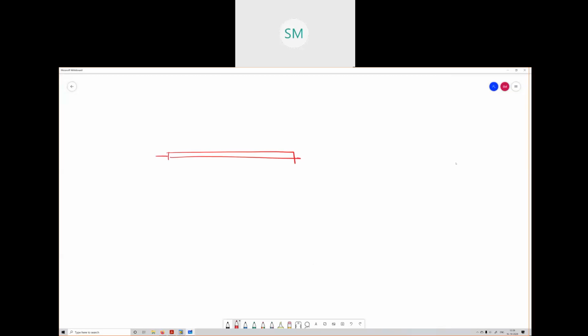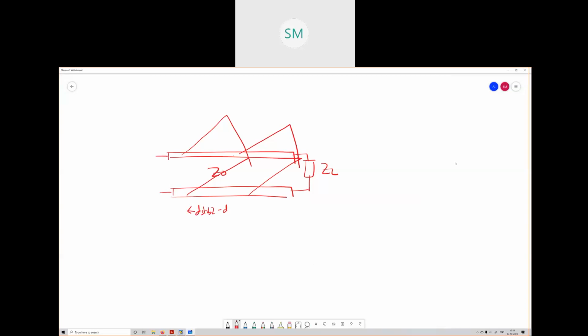This was my line. This is my load ZL. This is Z0. Here is the first stub. Here is the second stub. Obviously, the distance between the two stubs is this stub 2 minus this stub 1.